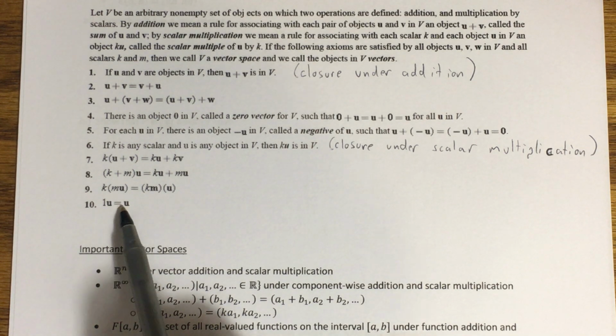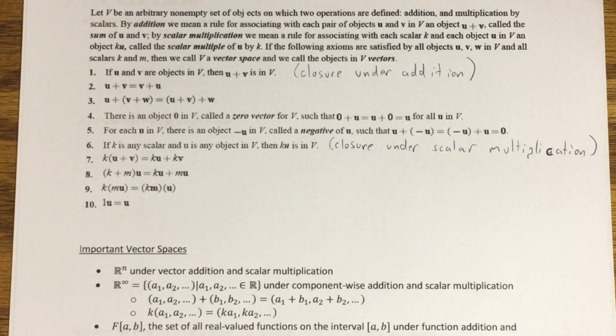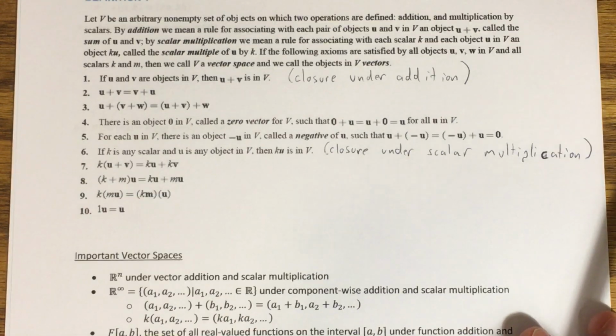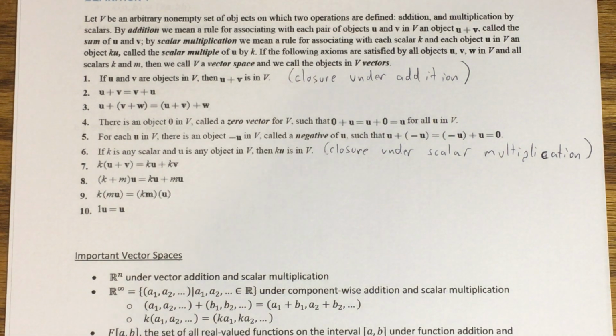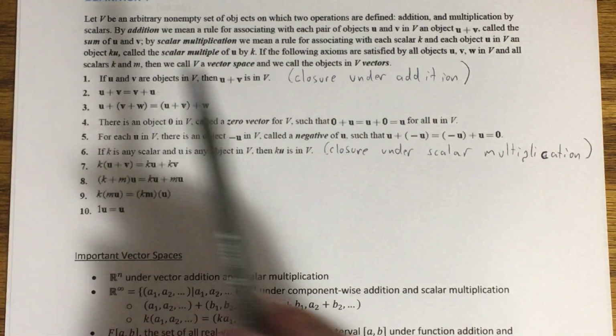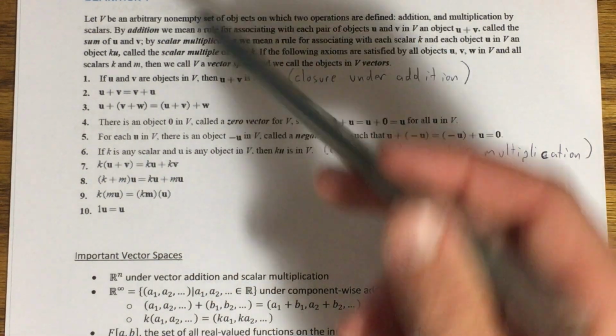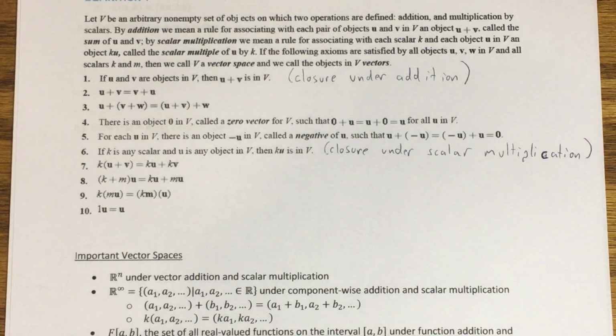In other words, multiplying by 1 should not change anything. Okay? This is a list of properties. It's not suggesting anything about what V looks like, what kind of objects it contains. It's up to us to find specific examples of sets of this type with these two types of operations that satisfy all of these properties to be able to call them vector spaces.